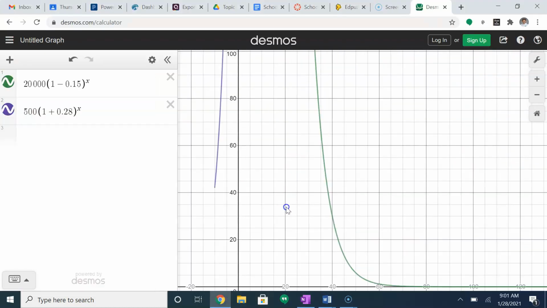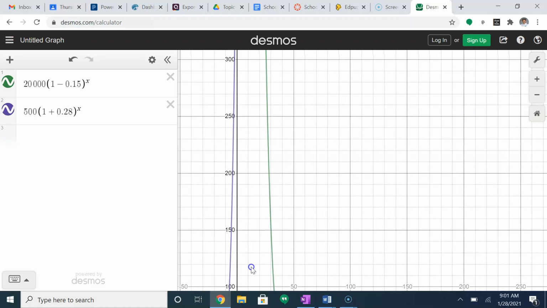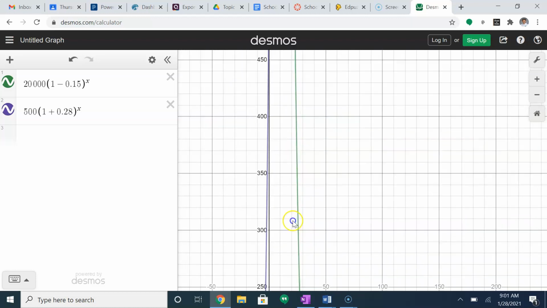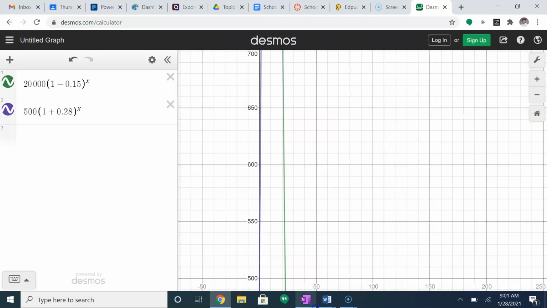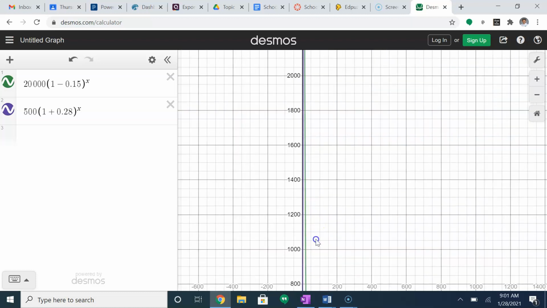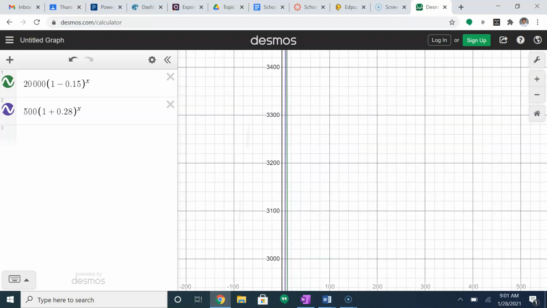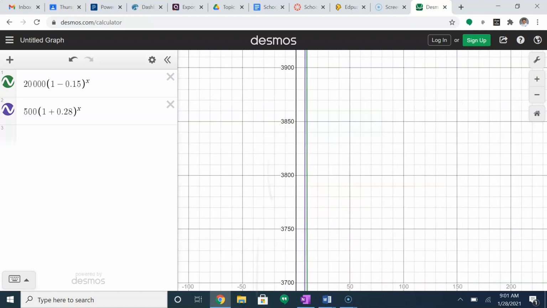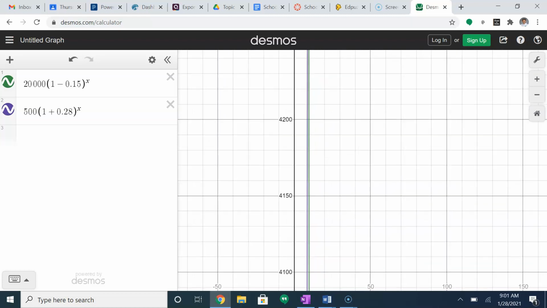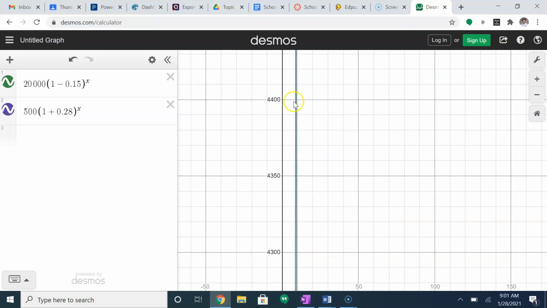Okay? So as I go up, notice they're getting closer together, right? So I keep going up, keep going up, keep going up. They eventually are going to cross.